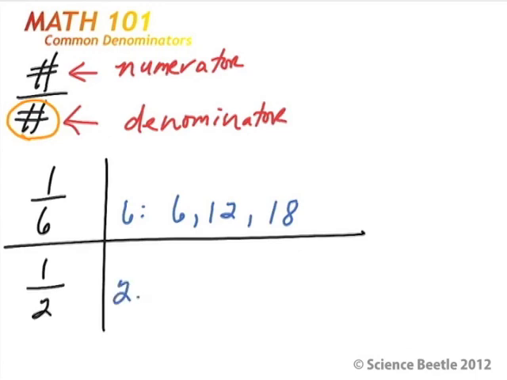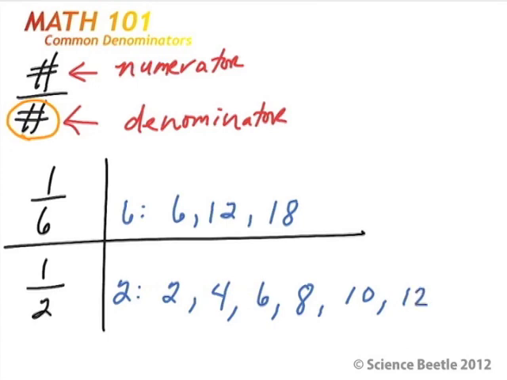Now let's try the 2 and list the multiples of 2. 2 times 1 is 2, times 2 is 4, times 3 is 6, times 4 is 8, times 5 is 10, and times 6 is 12.